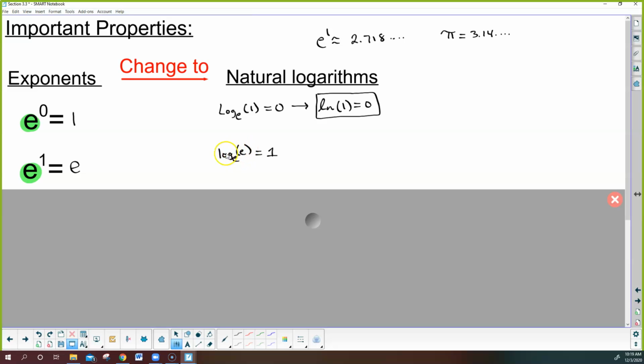If the number and the base e are the same, I can't say they reduce out, but it's kind of like that, and it equals 1. Or another way to write it, the natural log of e is equal to 1. And this is also another fact we want you to be very in tune with for calculus.